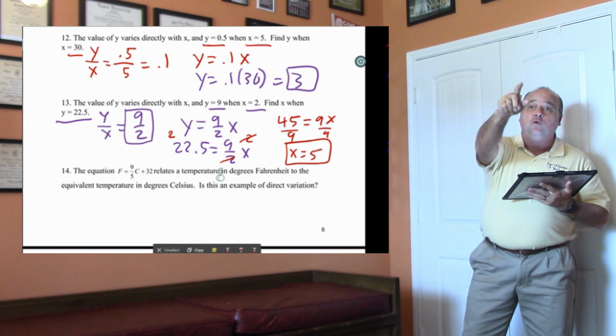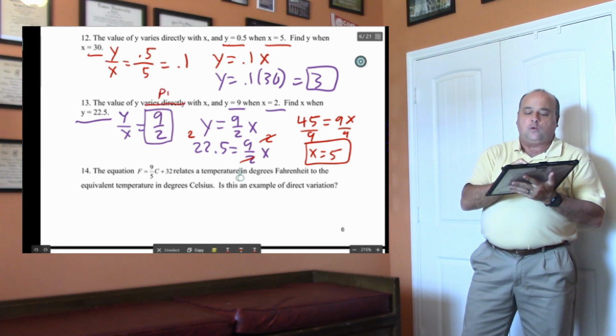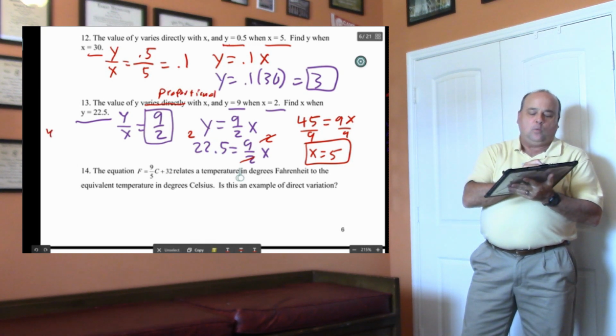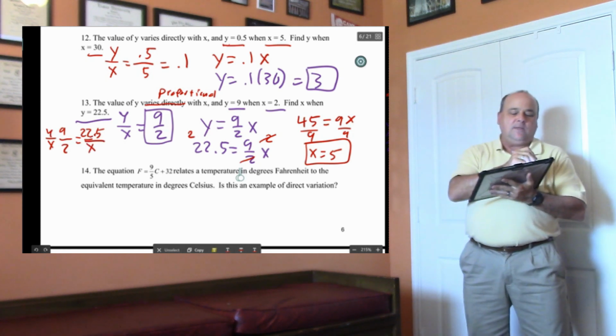Now then, I'm going to show you what would happen in junior high. If you were in junior high, it would say proportional. And you would put y over x and y over x. So y over x would be 9 over 2, and then I would put 22.5 right here, right? And I would put x. Notice, what are we doing in that problem?